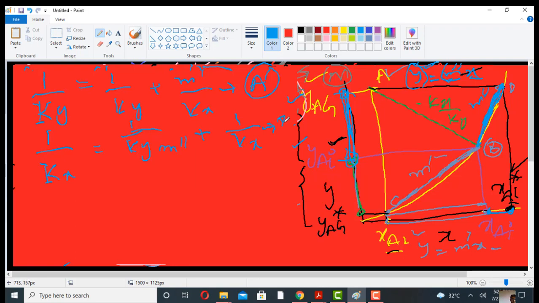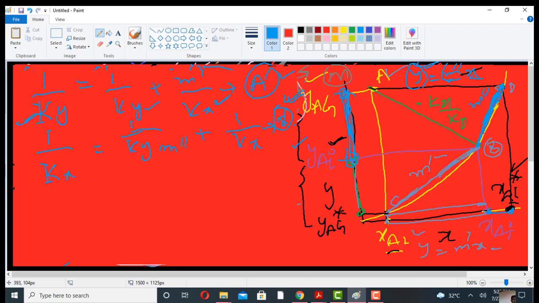This is equation star dash. So these two are very important equations which show a relation between the individual and overall liquid and gas mass transfer coefficients.